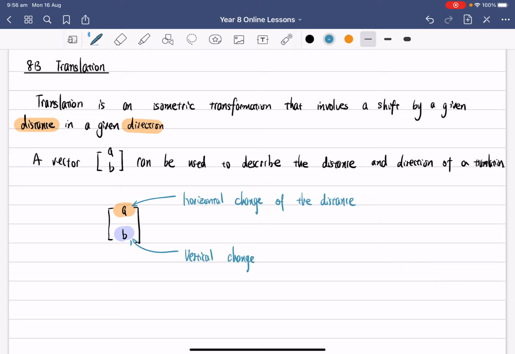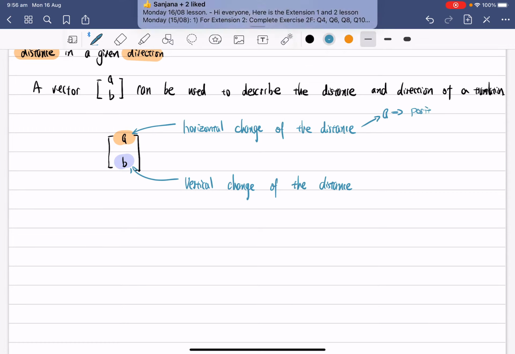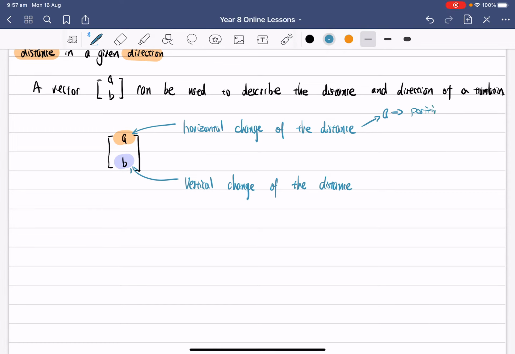If you think about a coordinate plane where you have the horizontal and the vertical axis, the xy axis, a represents the change in the horizontal distance and b represents the change in the vertical distance. If a is positive, then it's moving to the right.